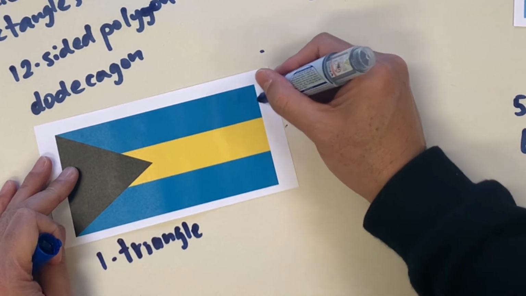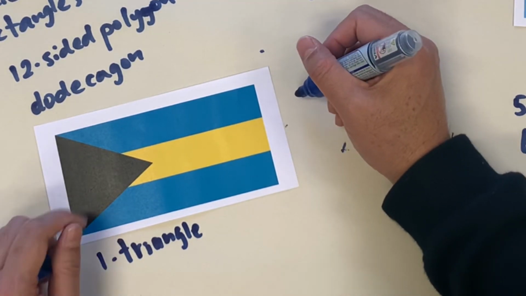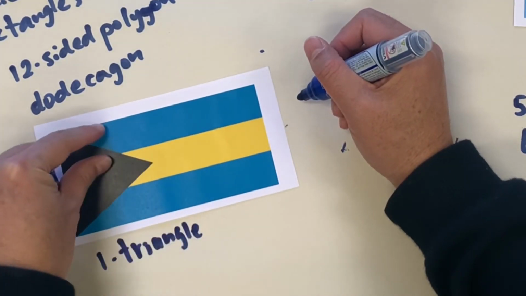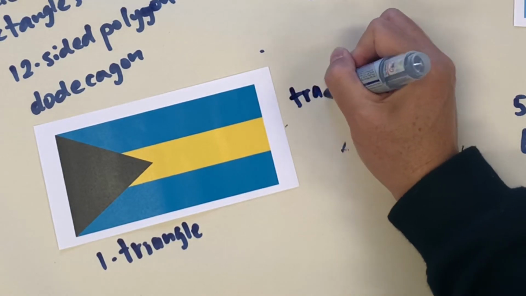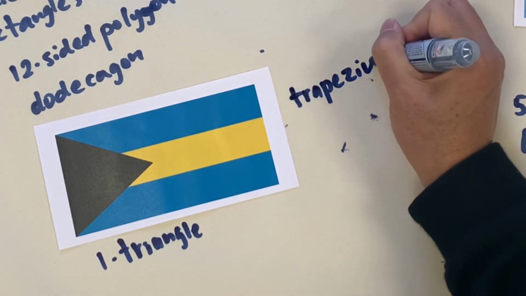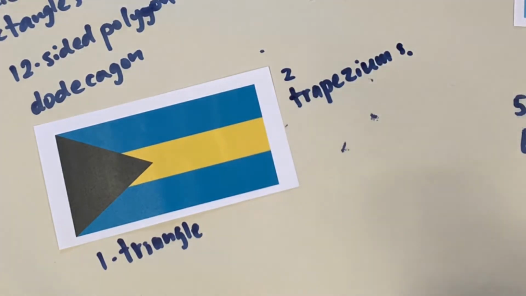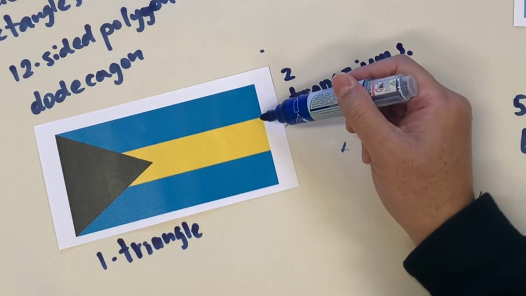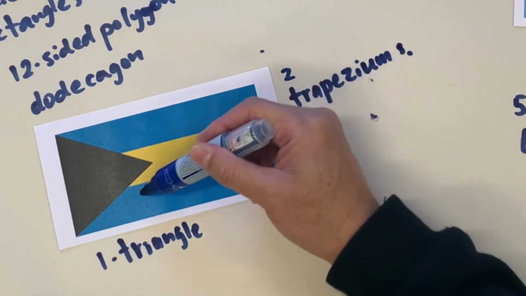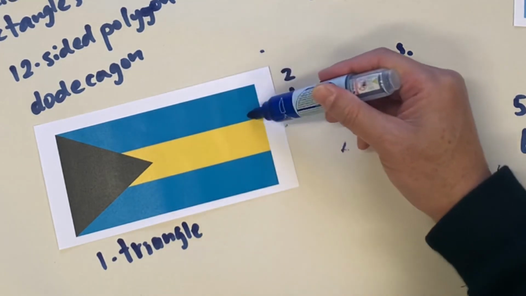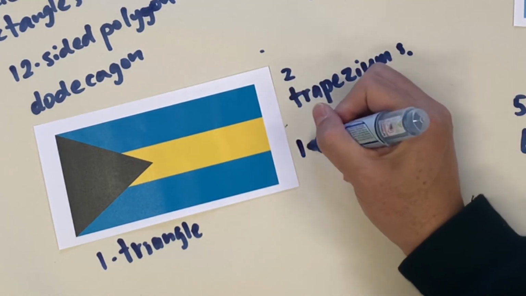I can see these blue shapes are quadrilaterals, but with parallel sides. So these must be trapeziums. Two lots of trapeziums there. Now the yellow shape. Let me count. 1, 2, 3, 4, and 5. This is a pentagon.